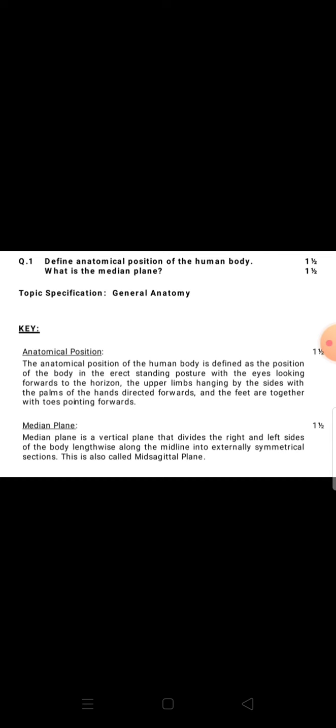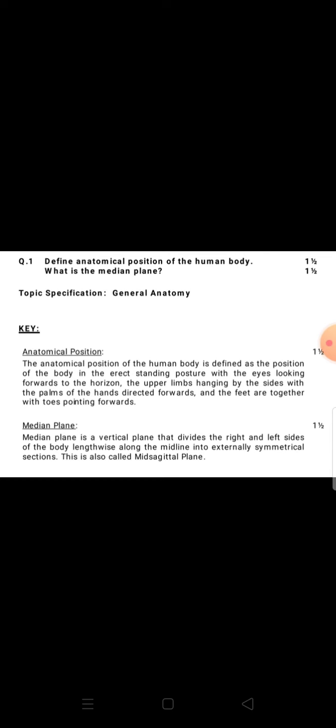The anatomical position of the human body is defined as the position of the body in the erect standing posture with the eyes looking forward to the horizon, the upper limbs hanging by the sides with the palms of the hands directed forwards, and the feet together with toes pointing forward. This is the answer of this part of the question.